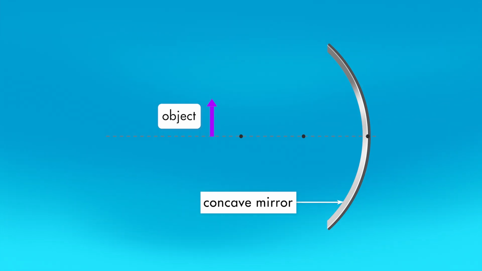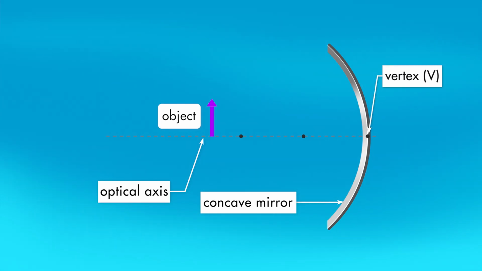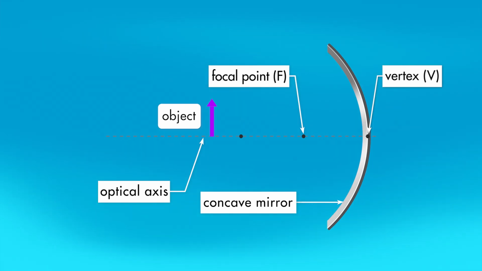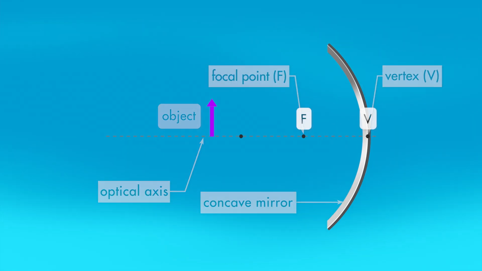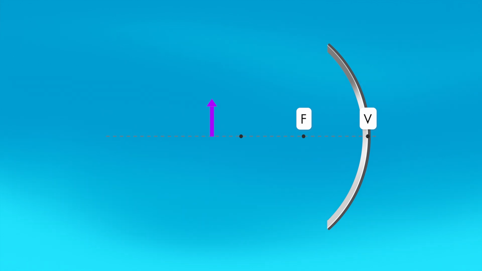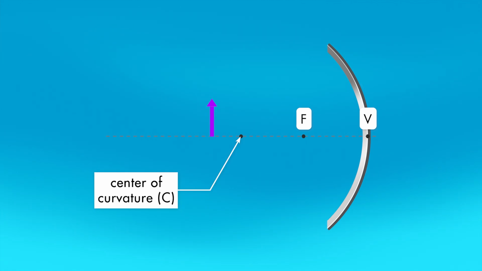Since concave mirrors are spherical, ray diagrams for concave mirrors are drawn differently than ray diagrams for plane mirrors. Like a plane mirror, a spherical mirror has an optical axis. The point where the optical axis meets a spherical mirror is called the vertex. It also has a focal point. A ray diagram for a spherical mirror includes another point called the center of curvature.